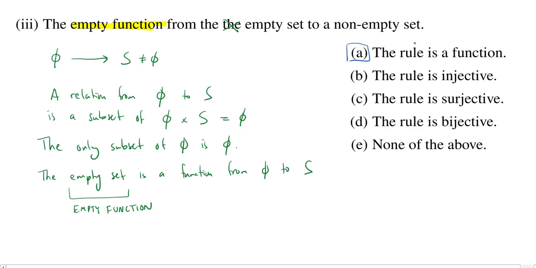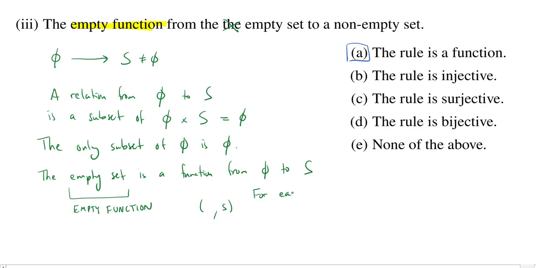So it is a function. Question: is it injective? To be injective, we would need that for any element in S, there's at most one arrow going into it. That is, there's at most one pair where you have s in the second component and something in the first component. But we know that there are no pairs at all. So for every s in S, there are exactly 0 pairs with s in the second component.